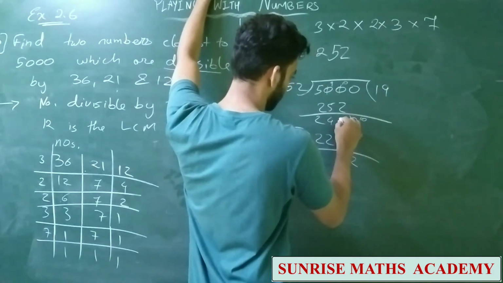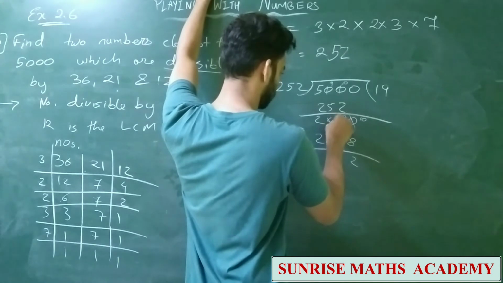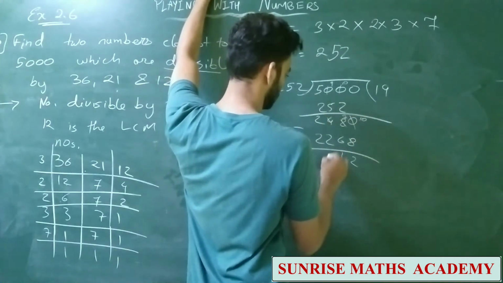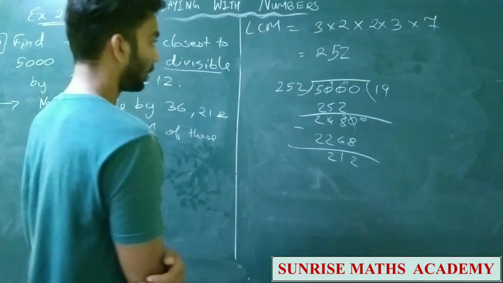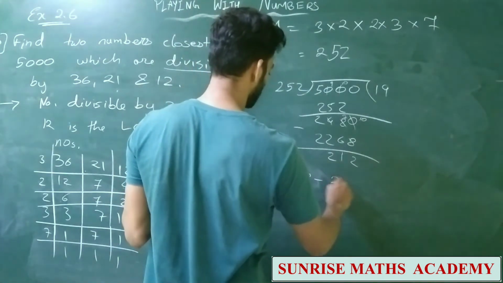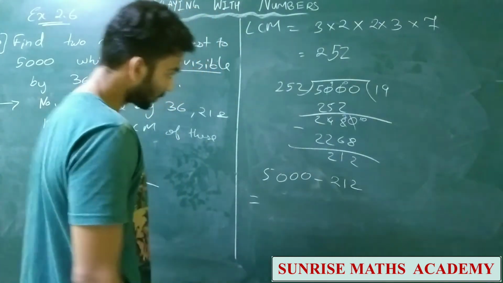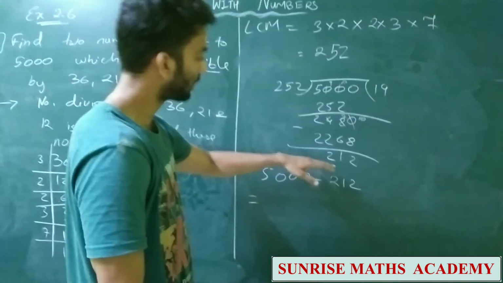We get 212. Now 5000 minus 212. Why do we have to subtract? Because 5000 is not divisible. We can see that the remainder is 212.